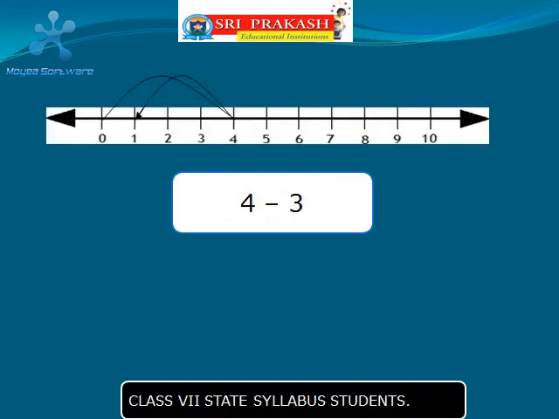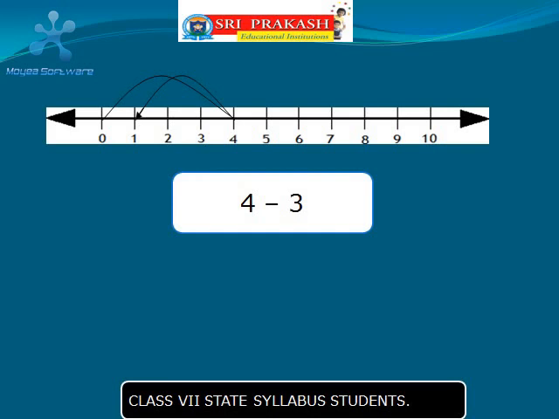Let us find the value of 4 minus 3 with the help of a number line. The first number is 4. So from 0, we should move 4 units towards right hand side. 1, 2, 3, 4. We reach at 4.